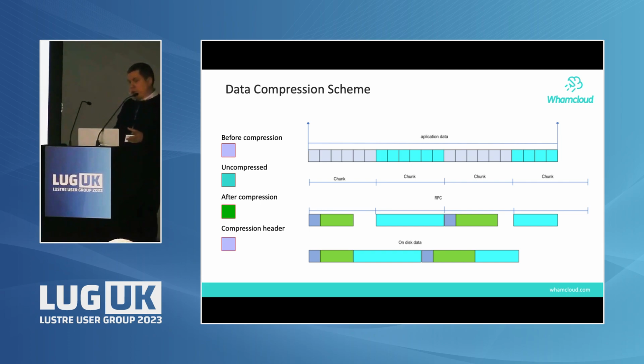So after compression, we have less data. We need to add a header there, and then this data is sent through the network, and on the OST side it is stored to the disk continuously without these gaps, but accessed by original offsets. So holes or a sparse file is used on the OST.